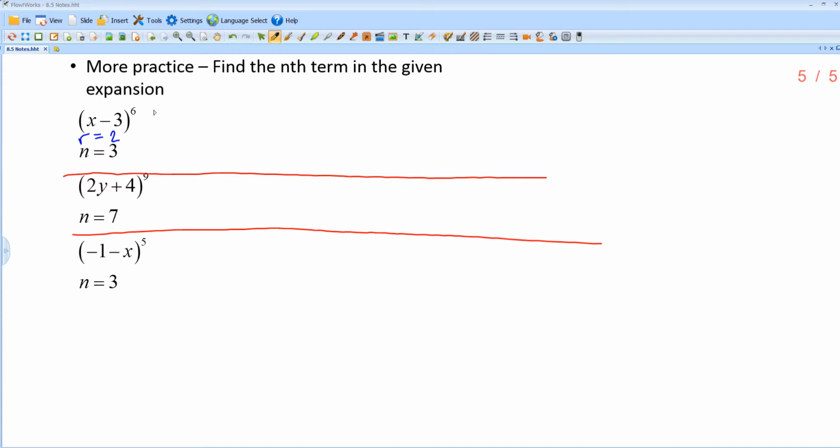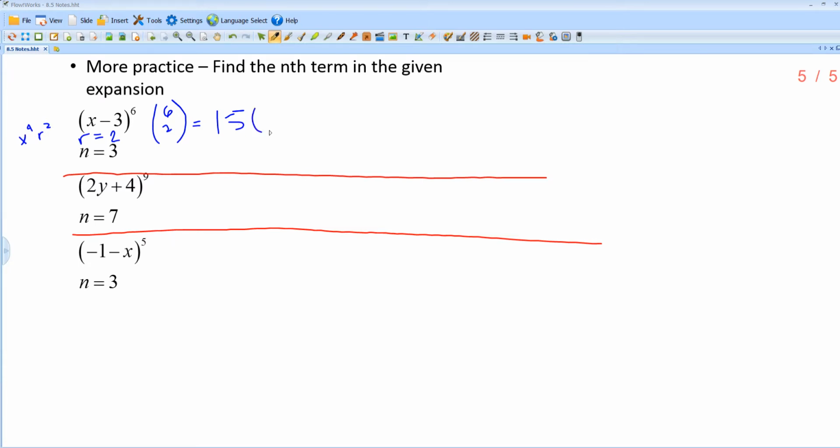That means that what I'm doing is 6 choose 2 to get my binomial coefficient. That binomial coefficient is 15. And then I have an x that's being raised in that third term. So I'm going to have r to the second. That means I'm going to have x to the fourth because the sum has to be 6.